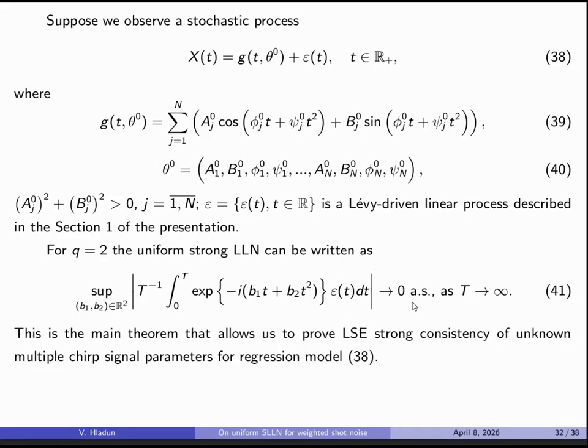Sorry, just trying to understand. Okay. And for Gaussian noise, you still consider the least squares estimator, right? Yes, we consider the least squares estimator, but also we have other works where we consider periodogram type estimators.